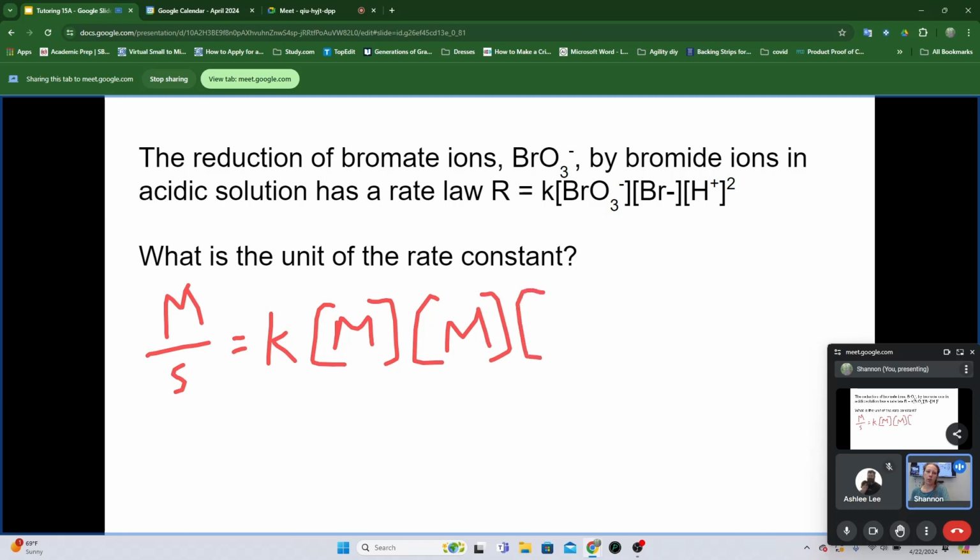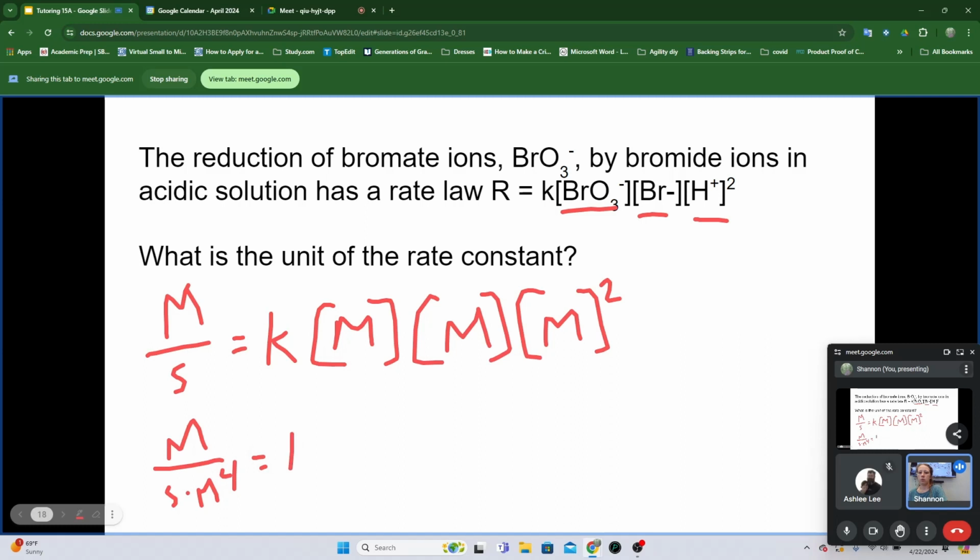I'm just filling in for each of these: molarity, molarity, molarity. This one is to the 2 power, right? And so overall, all of these molarities multiplied together are molarity to the 4th power. So we have M over seconds times molarity to the 4th power equals K.